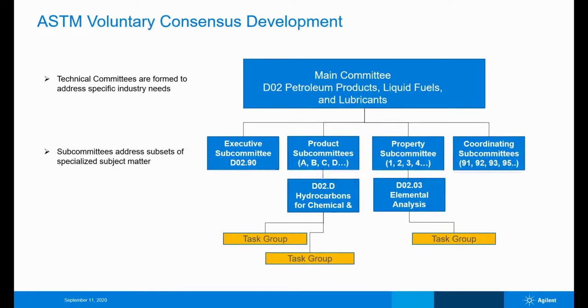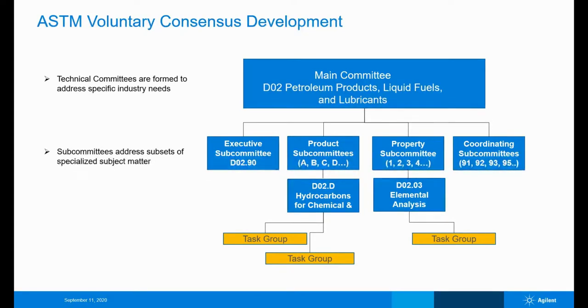Then there are lettered subcommittees for product specifications. So the product subcommittees are designated by a letter, for example, D2D, which is the Subcommittee on Hydrocarbons for Chemicals and Specialty Use. Now, in this case, I am the chairman of this subcommittee.